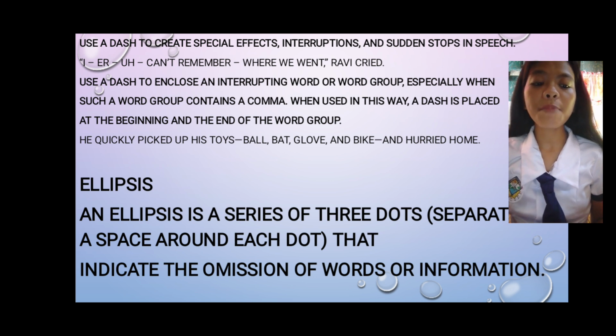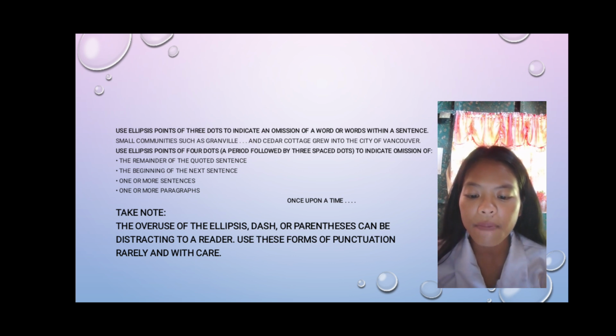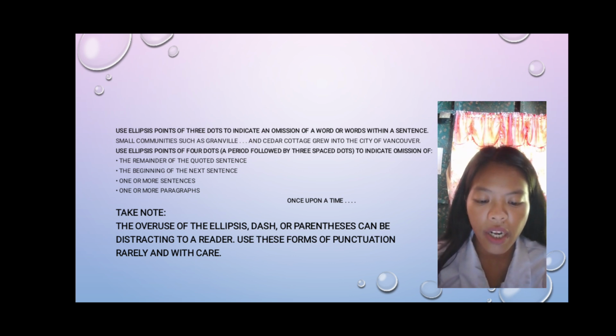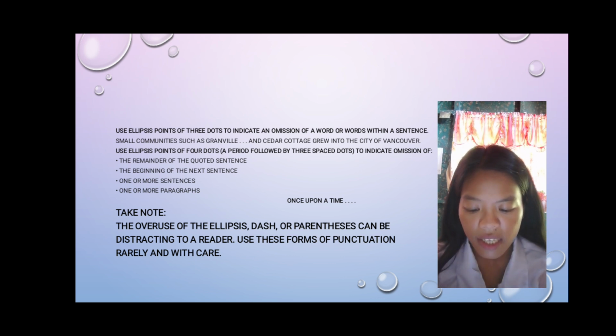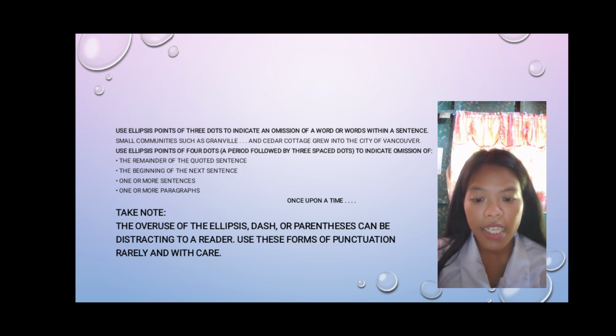Ellipsis. An ellipsis is a series of three dots, with a space around each dot, that indicates the omission of words or information. Use ellipsis points of three dots to indicate an omission of words within a sentence. Small communities such as Granville ... and Cedar Cottage grew into the city of Vancouver.